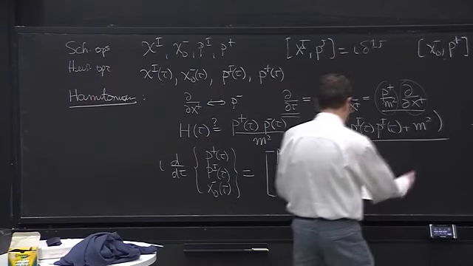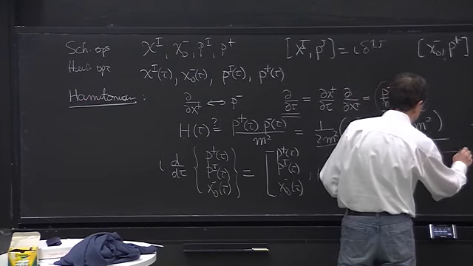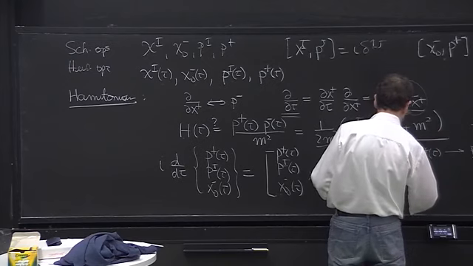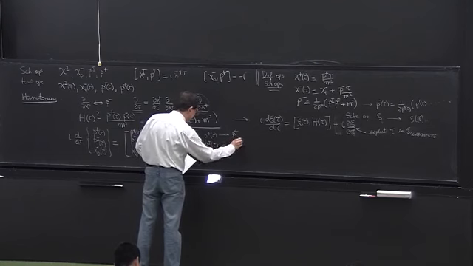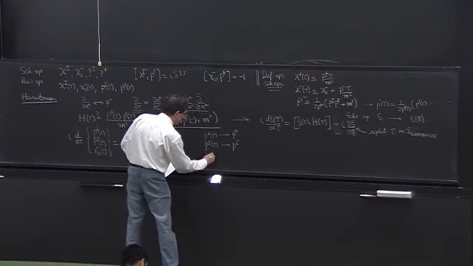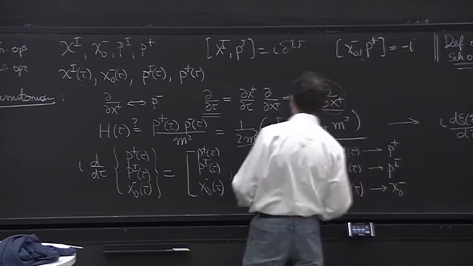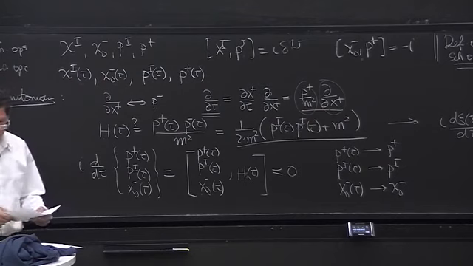So instead of writing P plus of tau, we can write P plus, even in the Heisenberg picture. Instead of writing Pi of tau, we can write Pi. And instead of writing x0 minus of tau in the Heisenberg picture, we can write x0 minus, and that's all because we wrote a decent Hamiltonian.